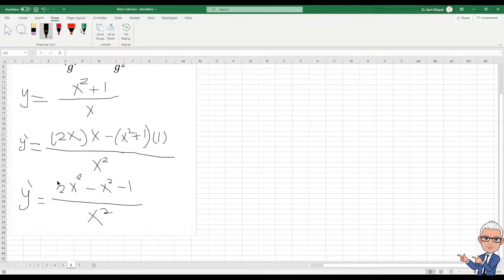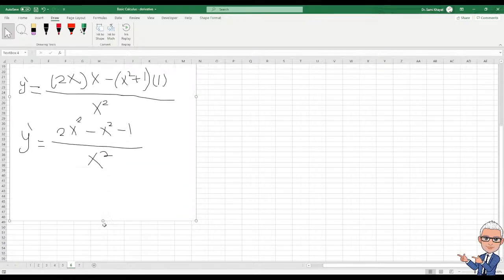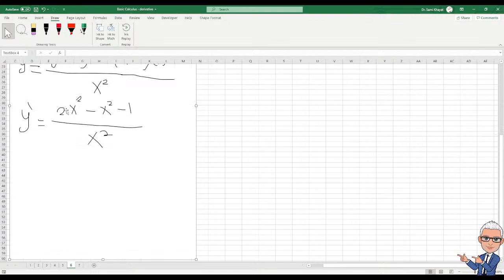If you want to simplify more, this minus this one, you will get y prime equals x squared minus 1 over x squared.